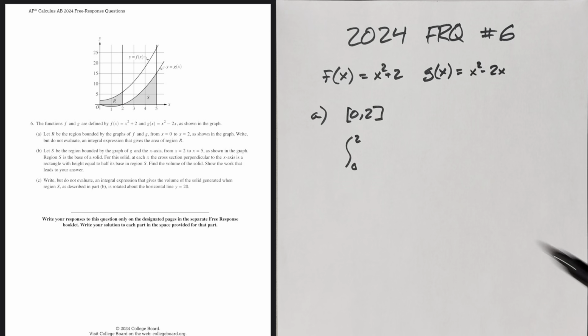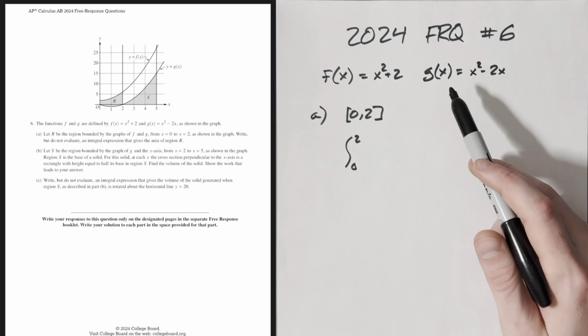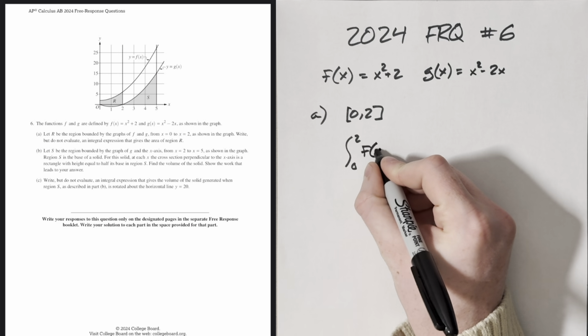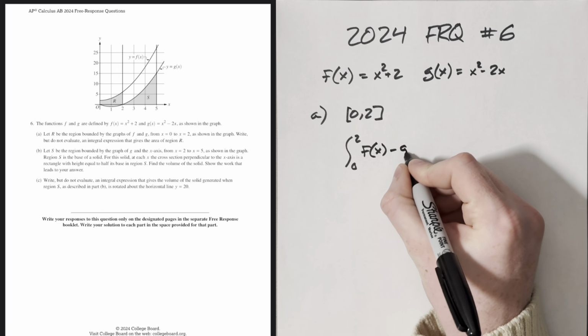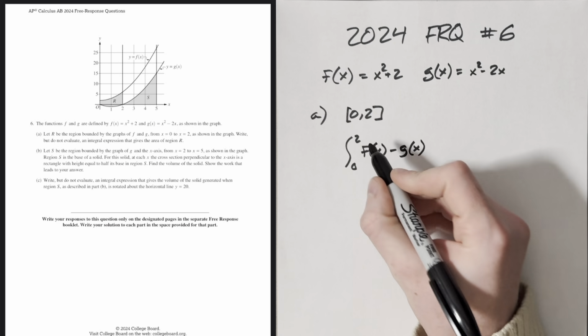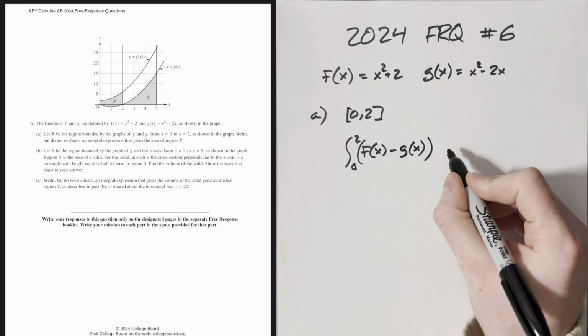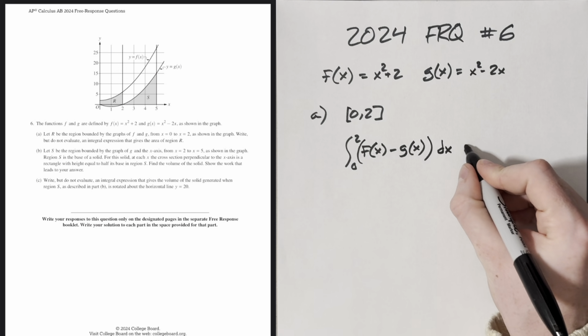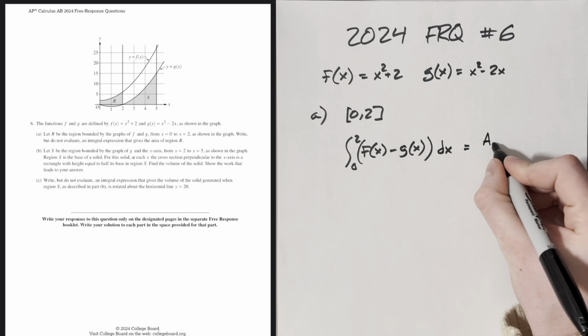They're labeled really clearly: f of x is on top and g of x is on the bottom. So I will do f of x minus g of x, put an extra set of parentheses, and put my dx.